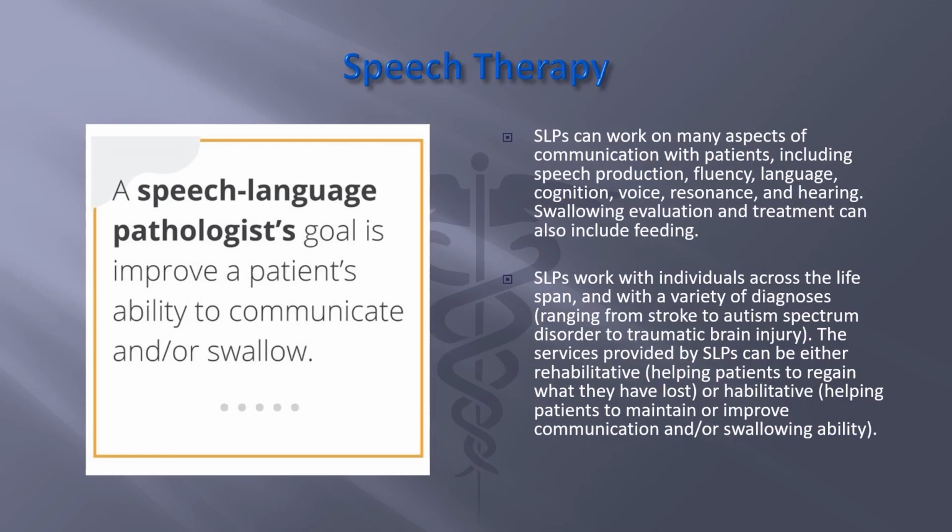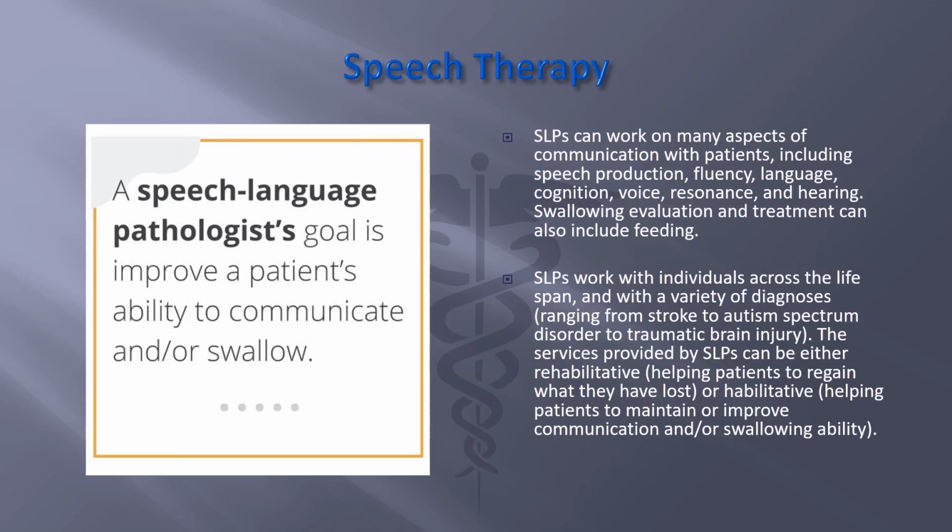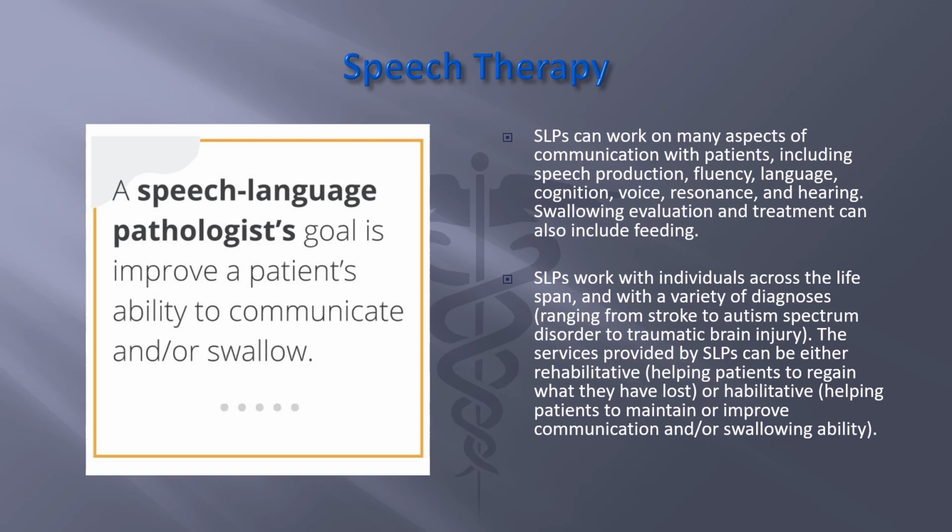Speech-language pathologists work with individuals across the lifespan and with a variety of diagnoses ranging from stroke to autism spectrum disorder to head and neck cancer to traumatic brain injury. The services provided can be either rehabilitative, helping patients to regain what they have lost, or habilitative, helping patients to maintain or improve communication and/or swallowing ability.